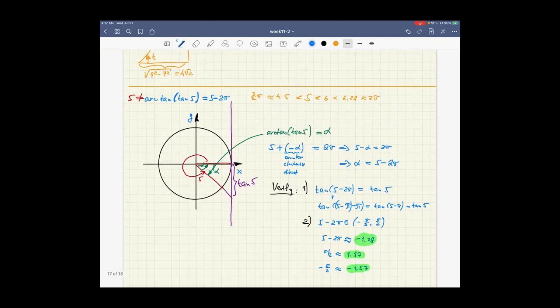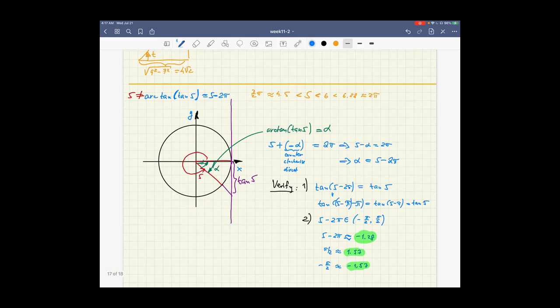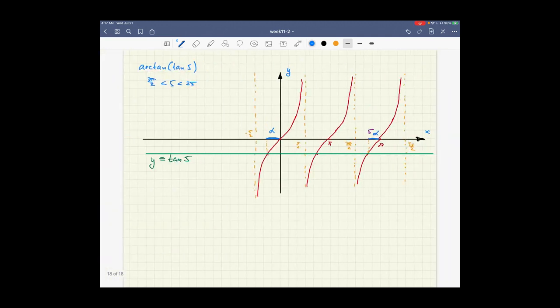And it looks like, if I view alpha here as a distance, the answer is negative alpha, because it has to be a negative number.